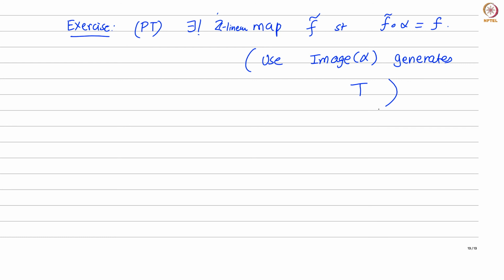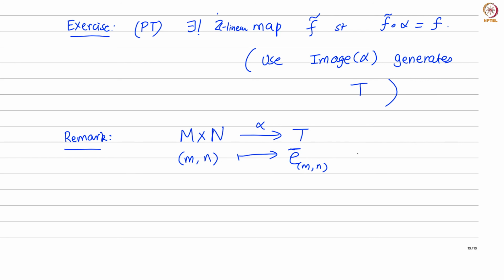So we have shown the existence of the tensor product, and again a remark on notation, just like we had in the case of Z modules. If I have M cross N to T, this map alpha, remember, was E M N bar. We give this a name, we now call this little m tensor little n.